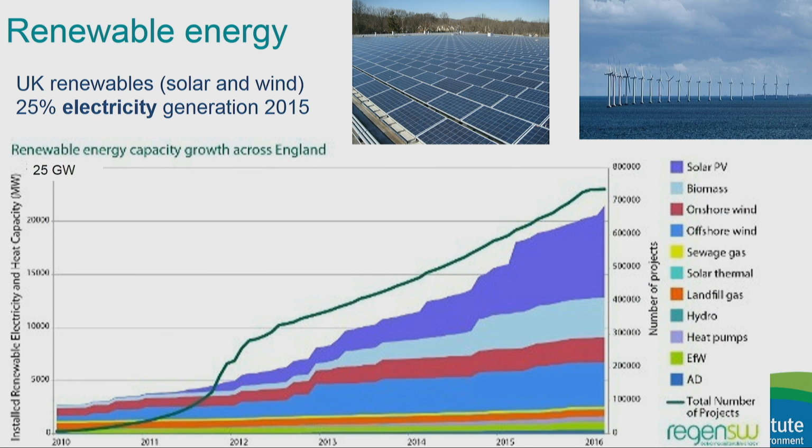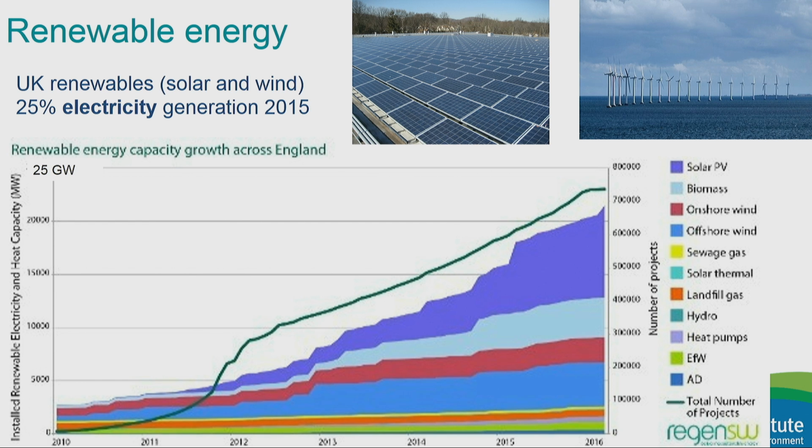And then, renewable energy is rising fast. This is just for the UK. It was 25% of electricity generation. Of course, electricity is not all the energy that we need, but it's part of it. And things are looking good.